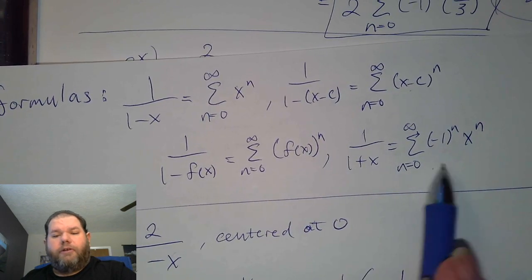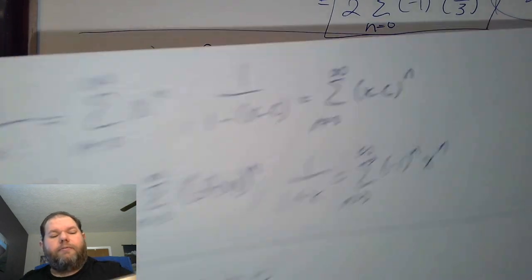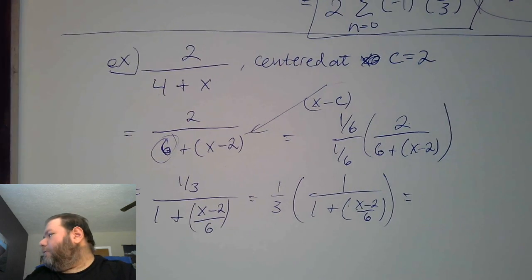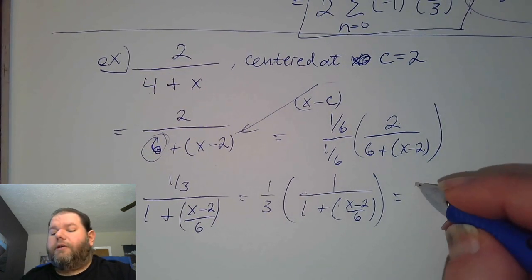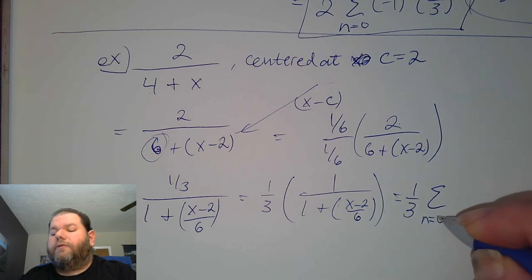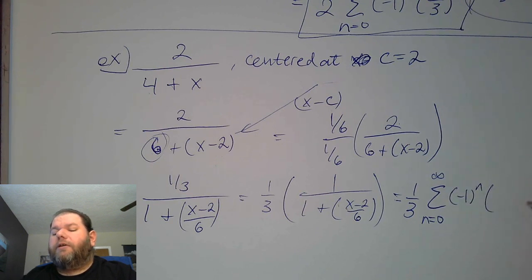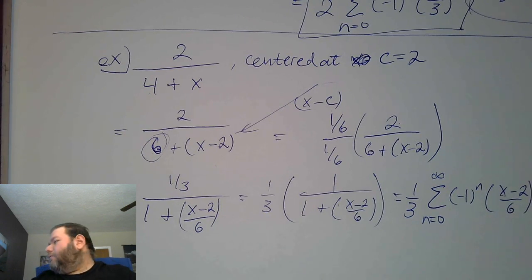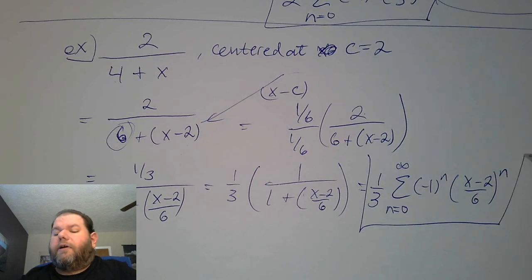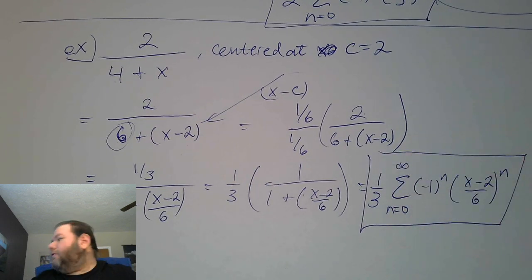So we'll just put those two together, basically, once again. So that'll be 1/3 times the summation n equals 0 to infinity of -1 to the n times x minus 2 over 6 to the n. And that is our power series.